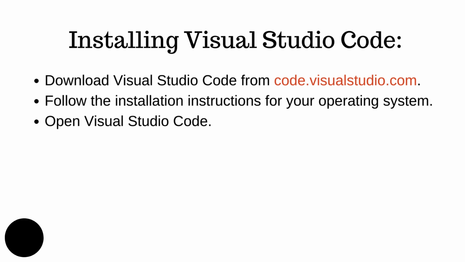I've already installed mine. So double click on it and follow the prompt. If you have any issues while installing it, please go to the comment section and write down the issue for me. I'm going to respond to you as soon as I see it.